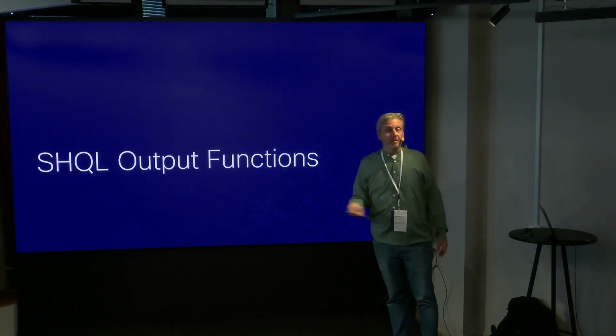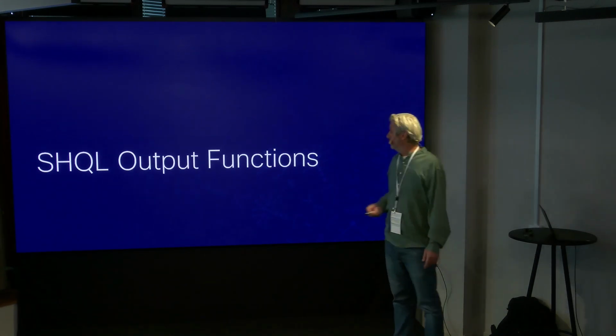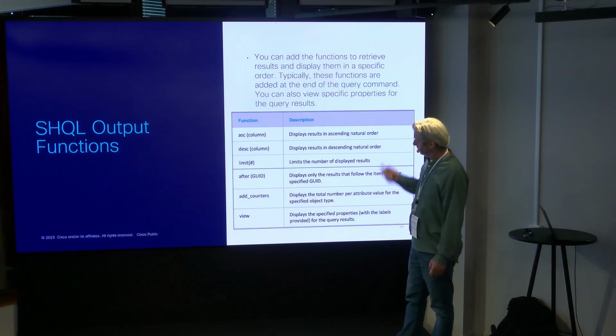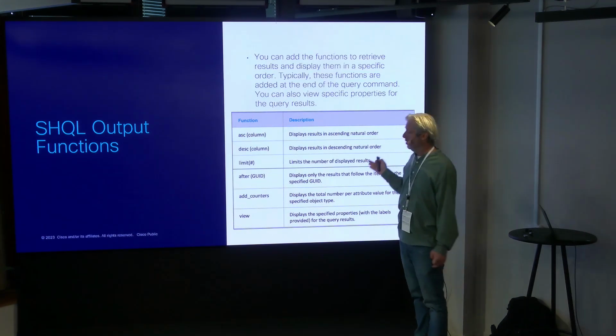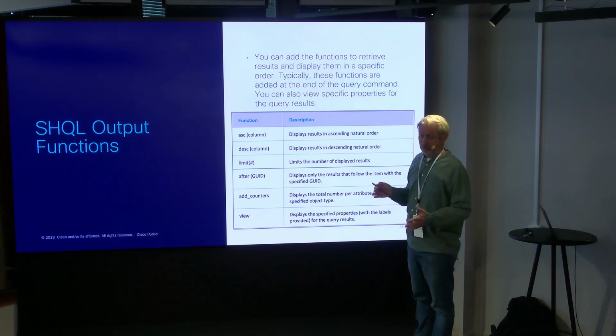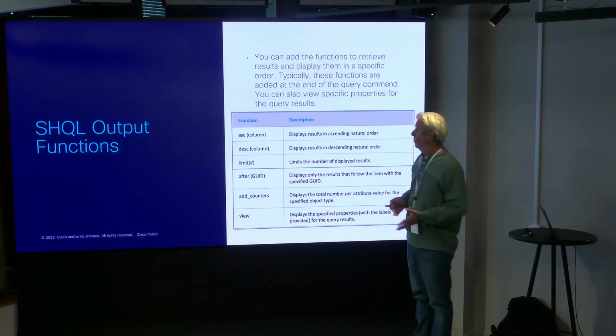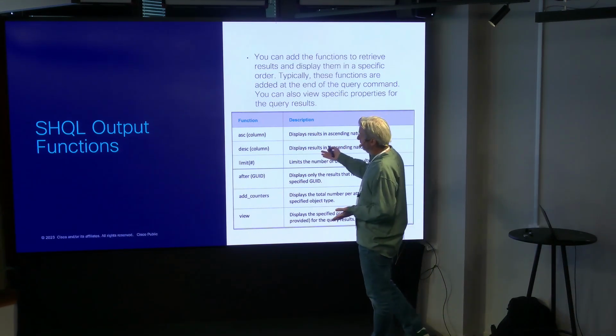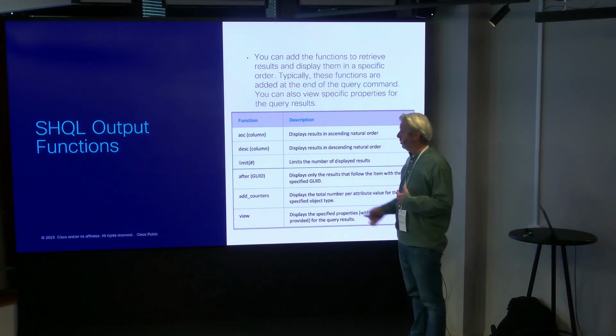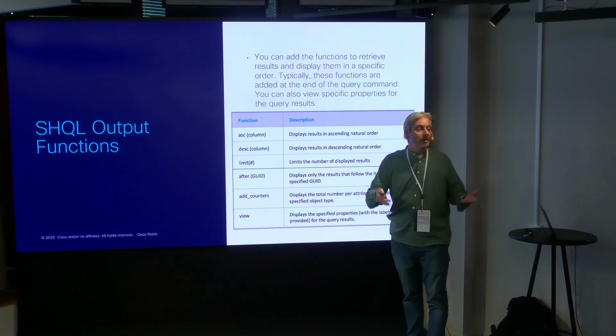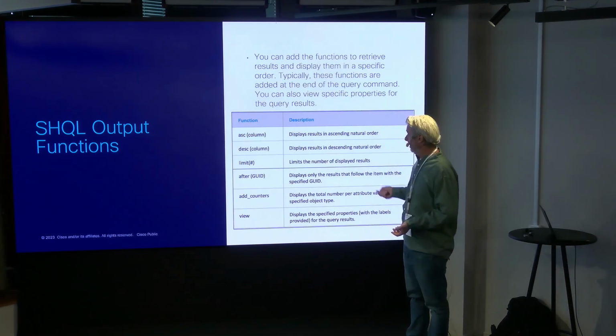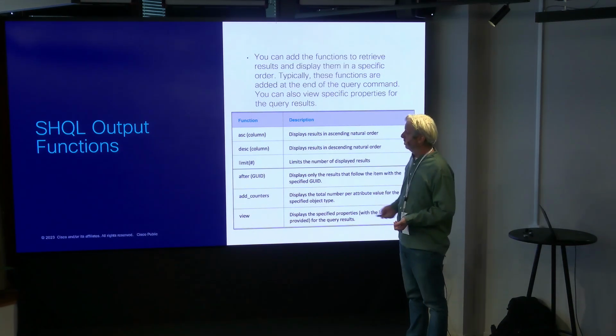We also support many different functions. So with these functions, you can also organize the response the way you like. You can sort it, you can limit, you can have summary counters, and declare yourself a view.